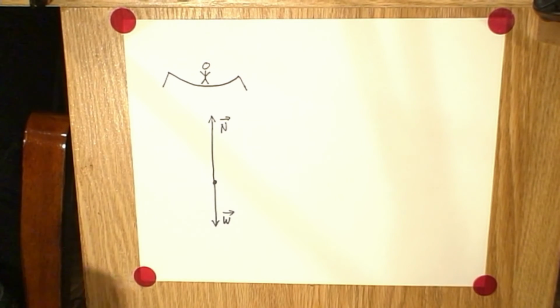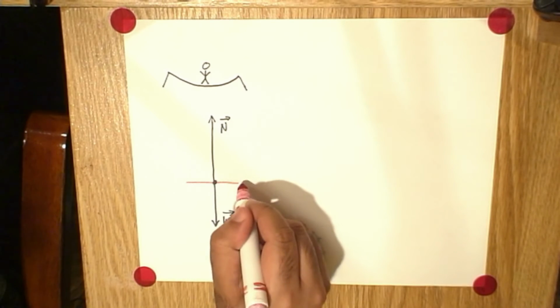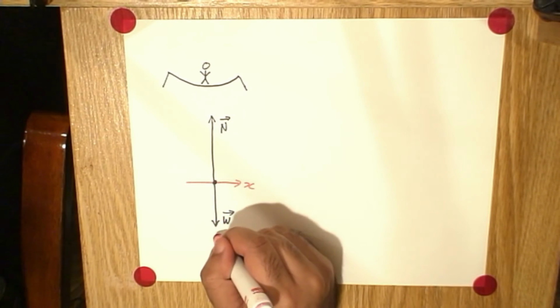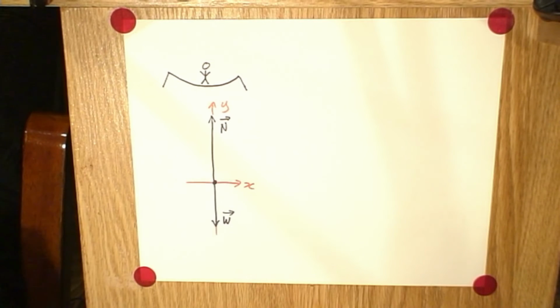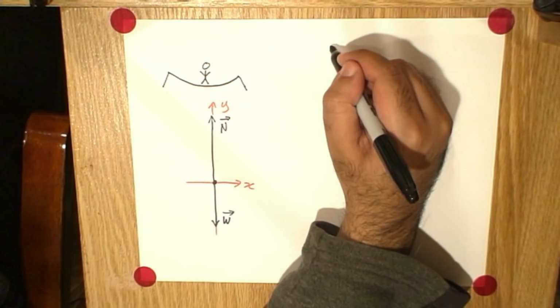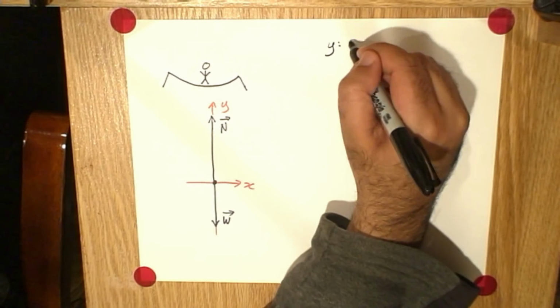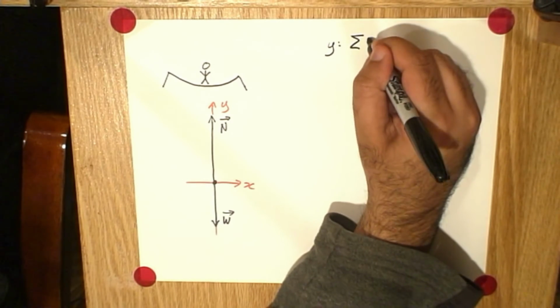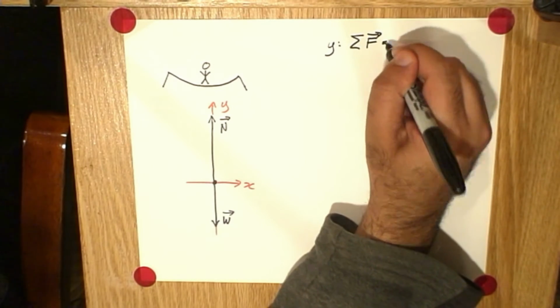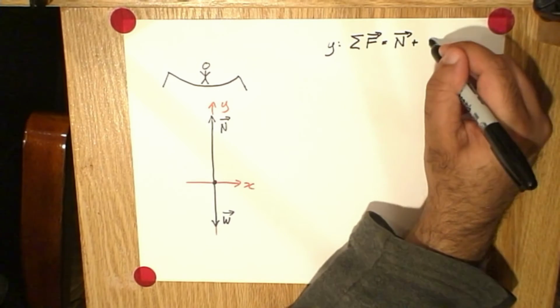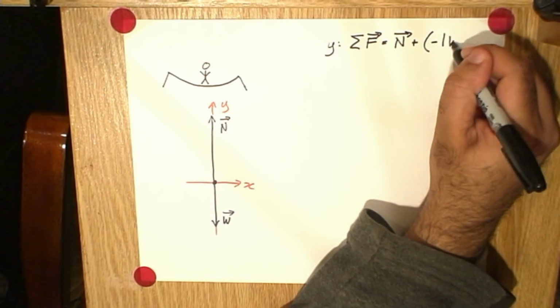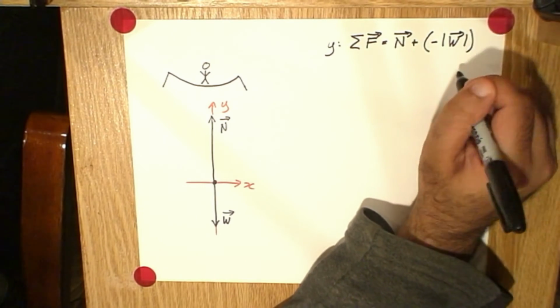I am going to set my origin and my axes like that. So, the total force in the y direction is given by normal force plus negative weight force.